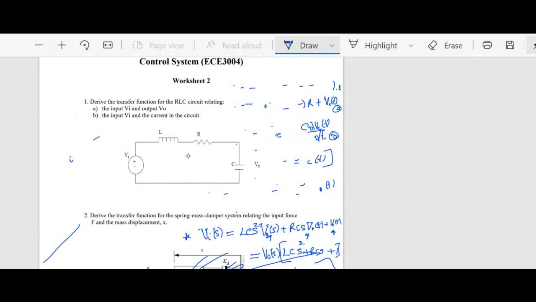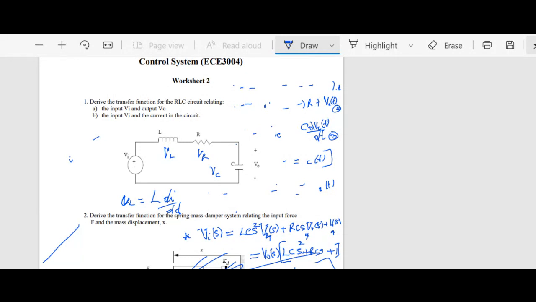There's a way I could show you, but let me see. For the inductor, when we look at the voltage drop across, the expression for the inductance, this is VL, VR, VC. We know that VL, my apology, is equal to L di/dt.